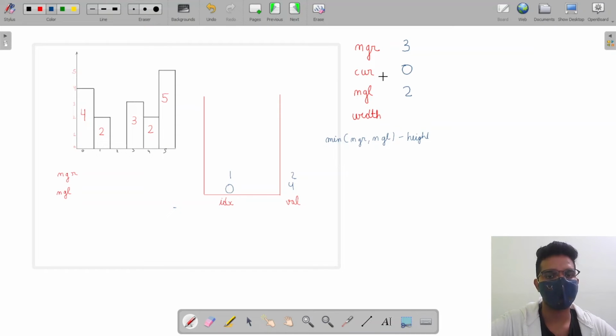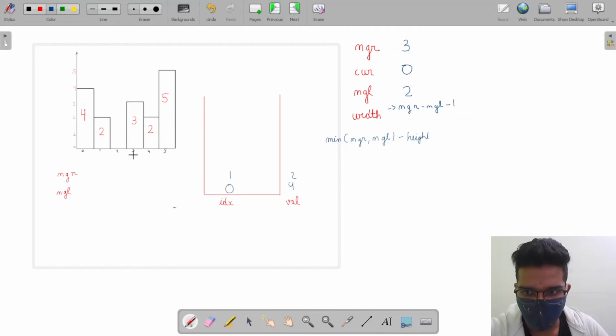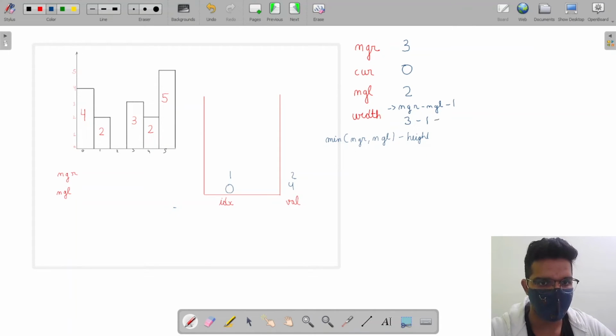Now to calculate my width, my formula was next greater right minus next greater left minus 1. And here I have to do the work on the basis of the indexes. The index of my 3 is 3, and for 2 it's 1, minus 1. So that gives me 1. Perfect.